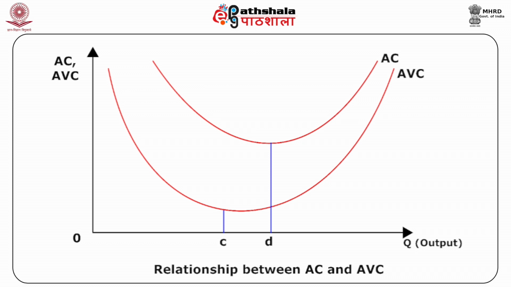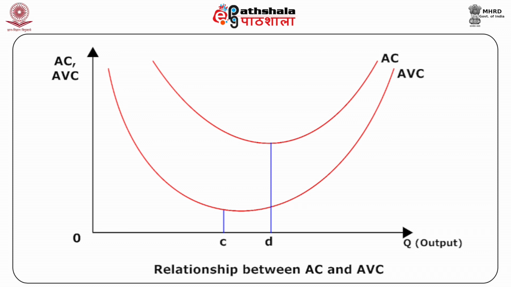After AVC attains its minimum point at B, corresponding to the quantity C1, the average variable cost begins to rise. And between C and D, the rate of fall in the AFC offsets the rising rate of AVC and results in a continuous fall in AC. At a certain level of output, the AC also starts to rise, and so the gap between the two goes on declining.